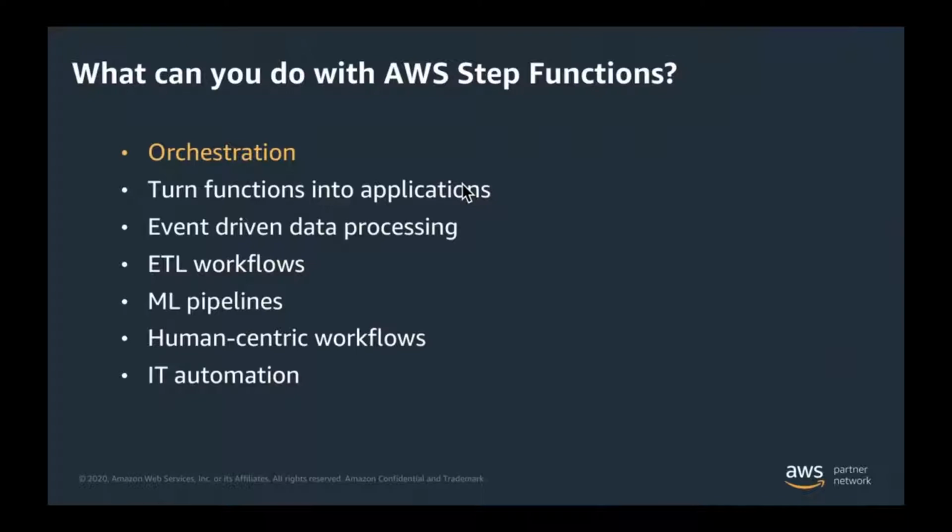So you can take Lambda functions, turn them into applications, and use your step functions-based workflow to wrap around them, perform the error handling, perform the orchestration, and things like that. You can do event-driven data processing. So an event comes in, and that could be a change to an S3 bucket or things like that. And you could run a workflow based upon those events.